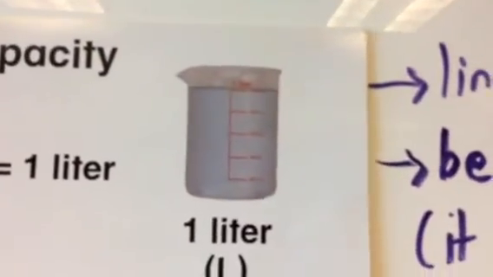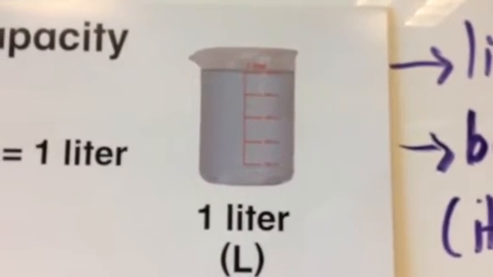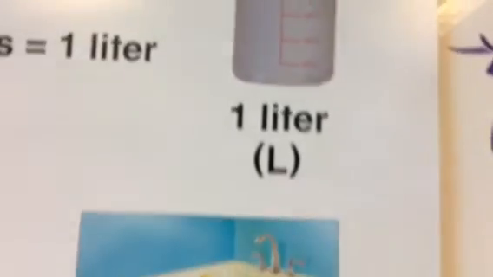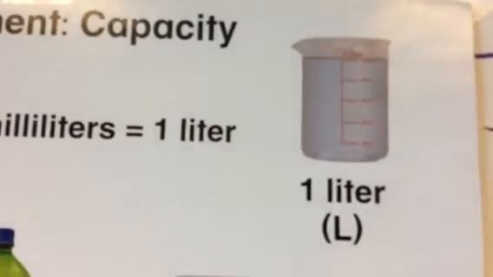But if I look, the first one is 200. Where is the beaker gone? Okay, here. The first one is 200, and the next one is 400 milliliter. Then it's 600. Then it's 800, and then it's 1,000.